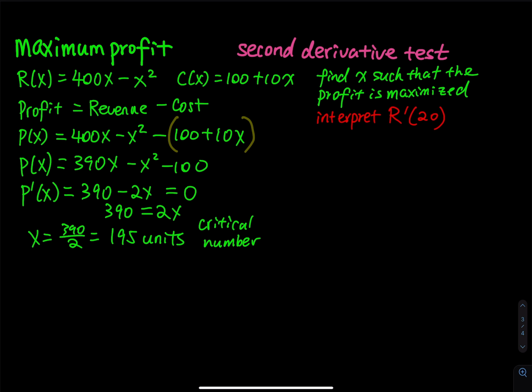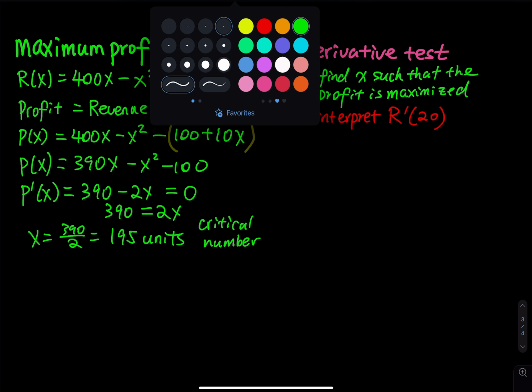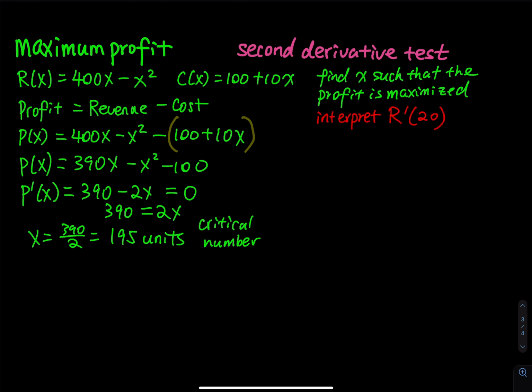And then we will apply the second derivative test. To match the color code, I will do the second derivative test on the right. Of course, we take the second derivative, so the derivative is very easy. The second derivative is equal to negative 2. What does that mean?